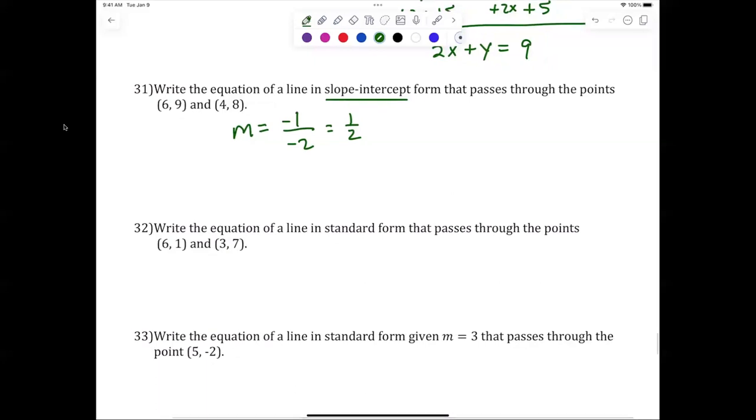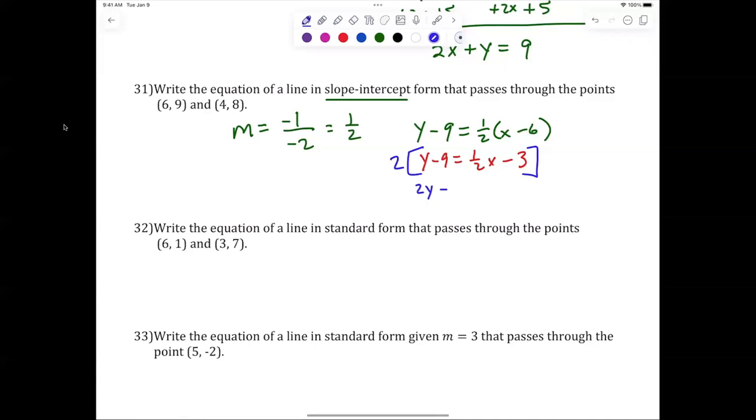Go. Good. Okay, now we're going to distribute the 1/2. Yes. Now we're allowed to have fractions. So now I've got to multiply everything through by what? 2. And what do I get?